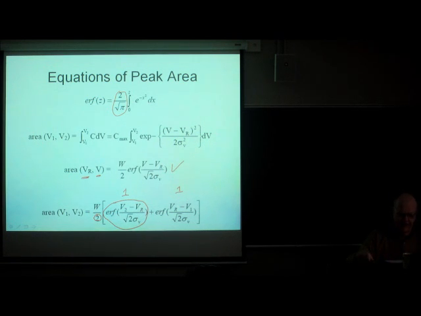So the area from V1 well before the start of the peak, that's what makes that be as big as it can be, to V2 well after the peak maximum, that's what makes that be its maximum value 1, is W over 2 times 2. It's what you injected in. That's good. Mass is conserved.